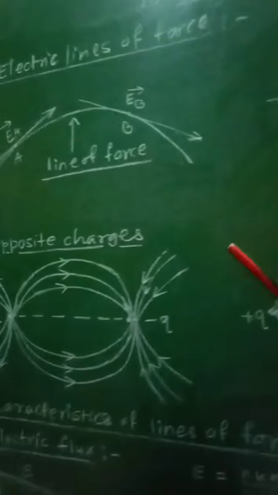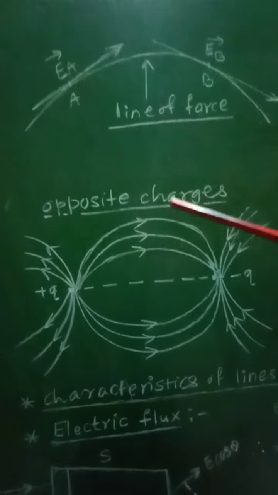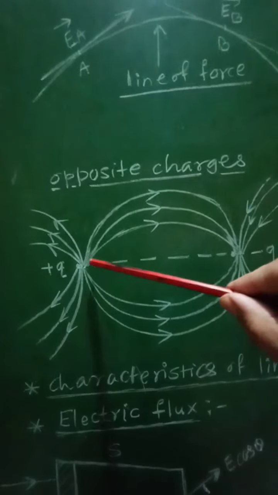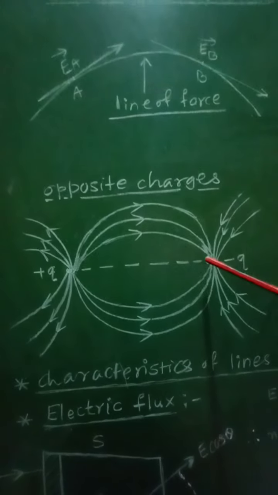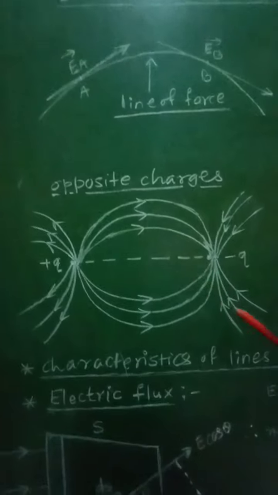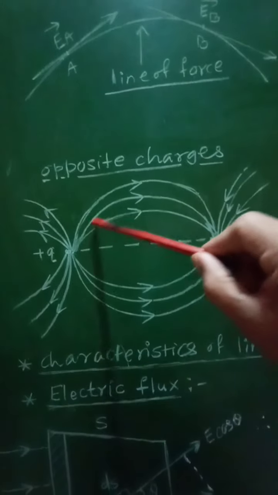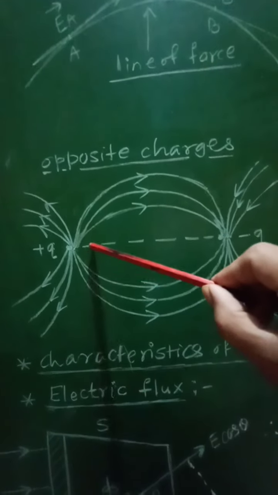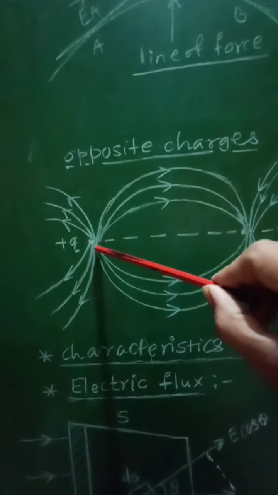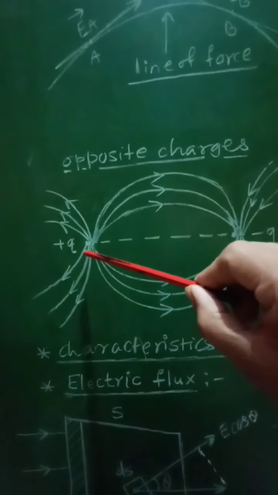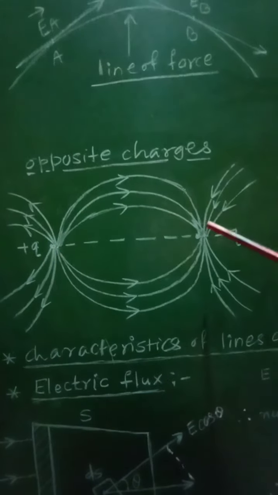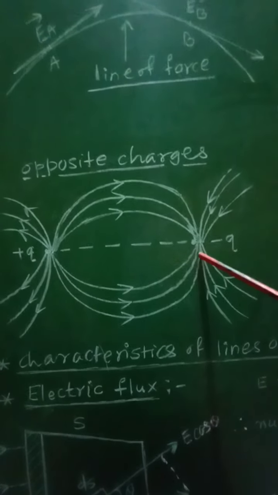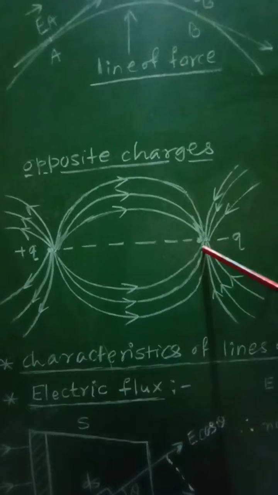Instead of that, if you consider two opposite charges, plus Q and minus Q, separated by a finite distance, then these curves will represent the electric lines of force. In this case, the electric lines originate from the plus Q charge and end on the minus Q charge.